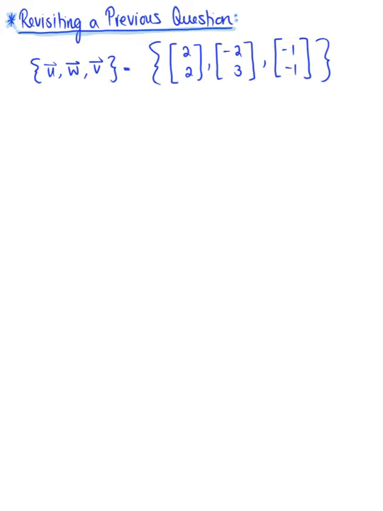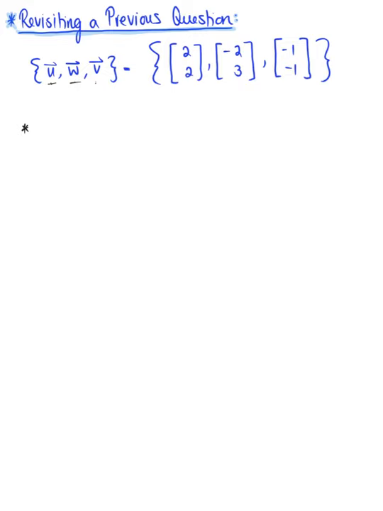At the end of the last video, I posed the question: is the set containing the vectors u, w, and v linearly independent or linearly dependent? We weren't able to use visual verification because the set contains 3 vectors. But we can now use this theorem as a shortcut to check what the relationship amongst these 3 vectors is.